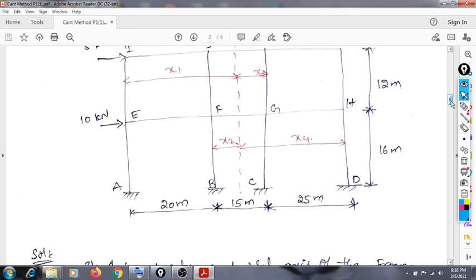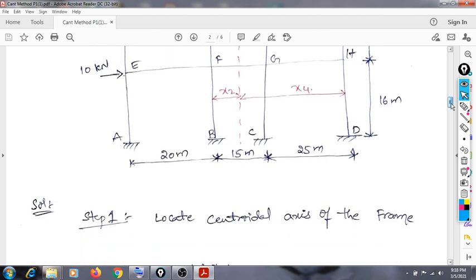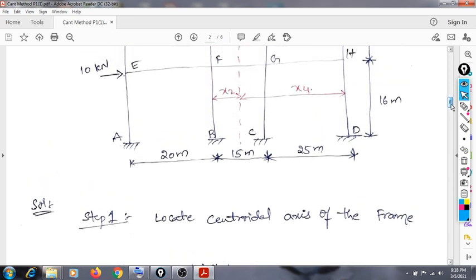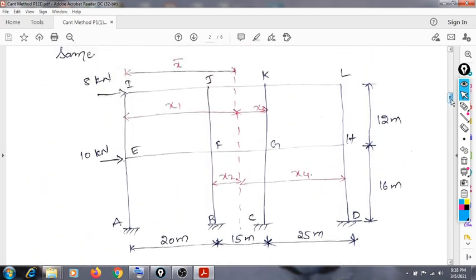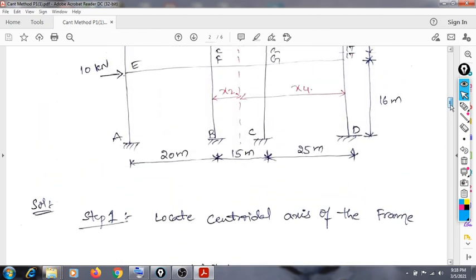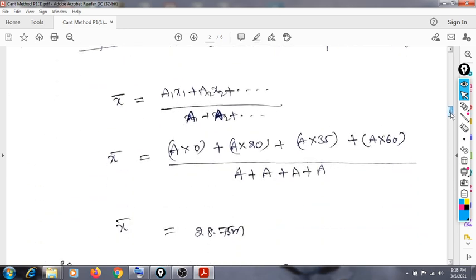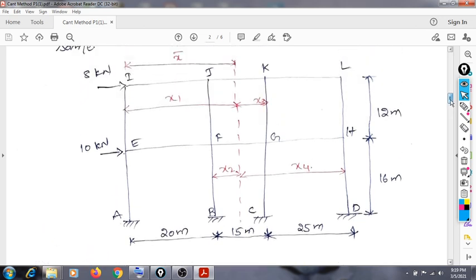The areas of the first, second, third and fourth columns are all A. The distance x1 is 0 because we start from A, x2 will be 20 meters, x3 will be 20 plus 15 meters, and x4 will be 20 plus 15 plus 25 meters.